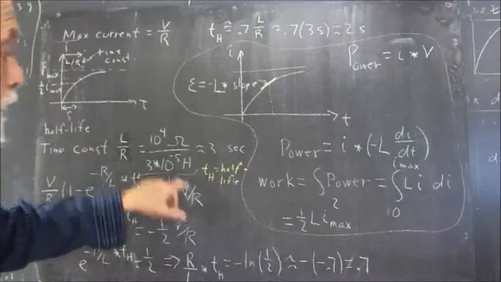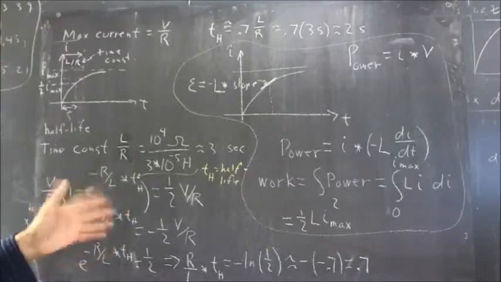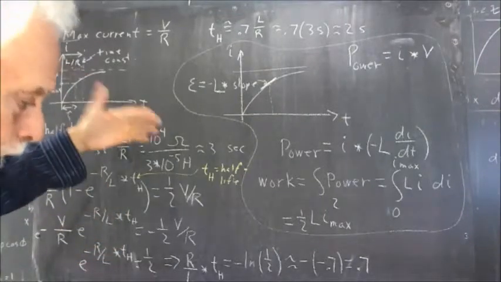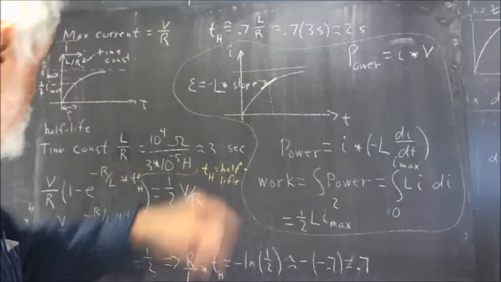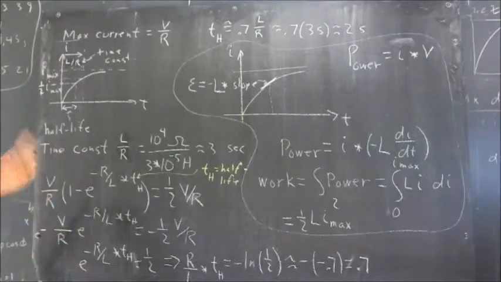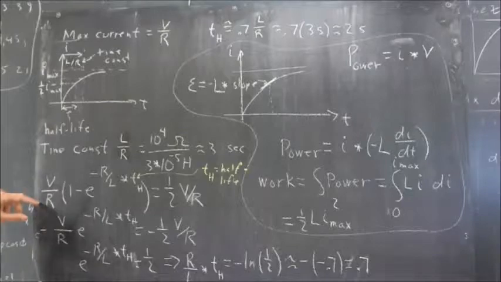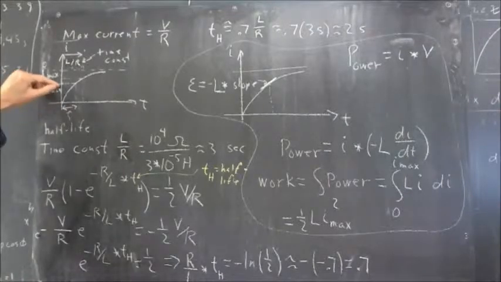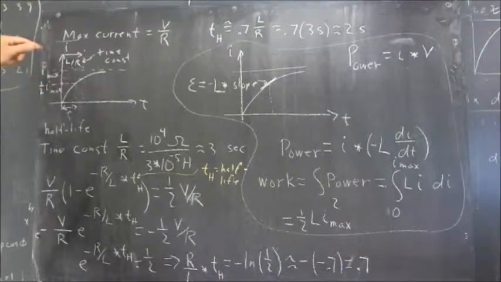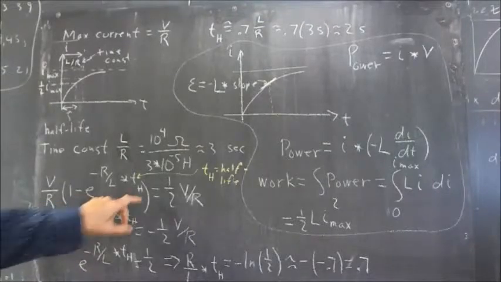The maximum is V over R, because when you have an RL circuit and you reach maximum current, then there's no more change in current, so there's no back EMF from the coil or the inductance element, and you're just running the voltage through the resistance, and you end up with current V over R. Now, 1/2 V over R is going to be the current when you've risen to half of your max. So that we have this equation for T sub H, the half-life.